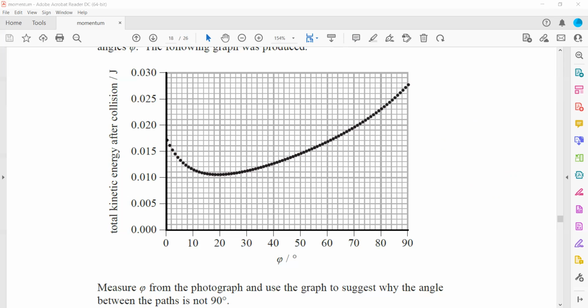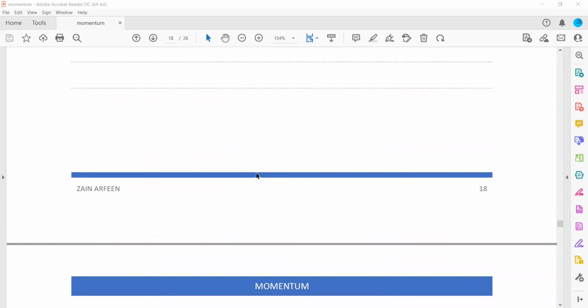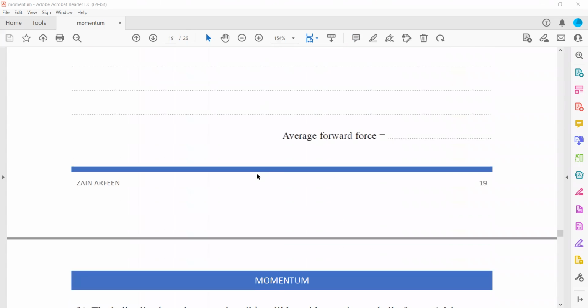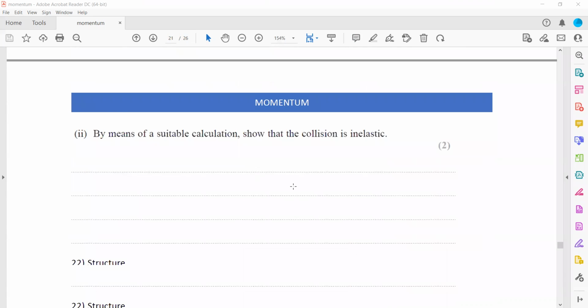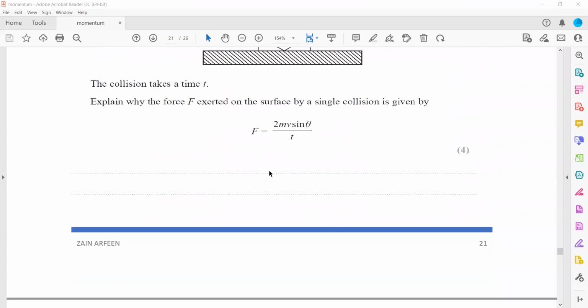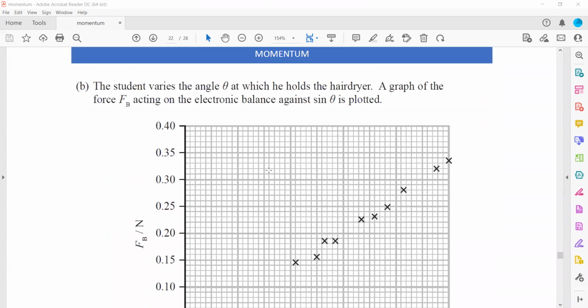Then question 22 part B. The student varies the angle at which he holds the hair dryer.